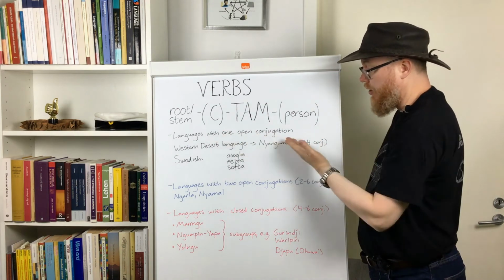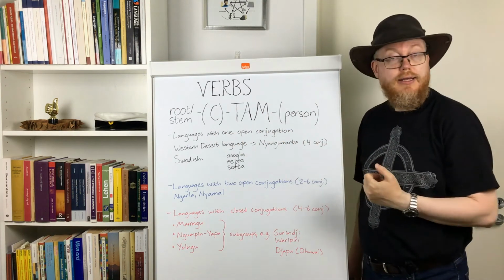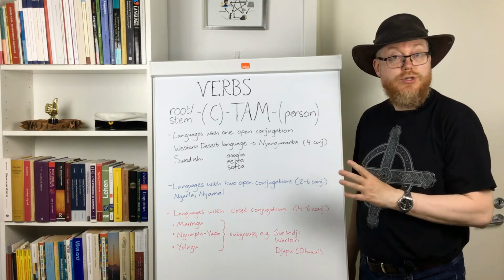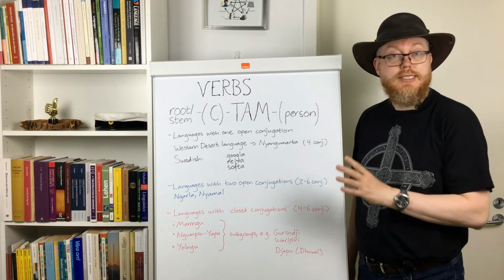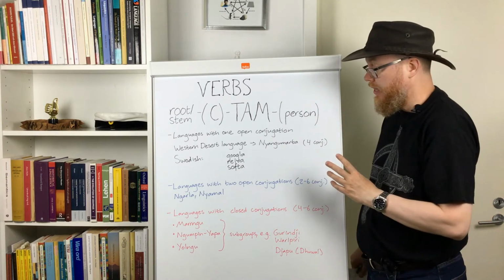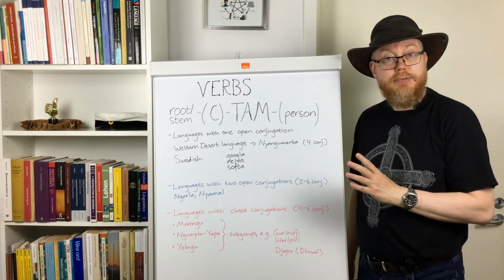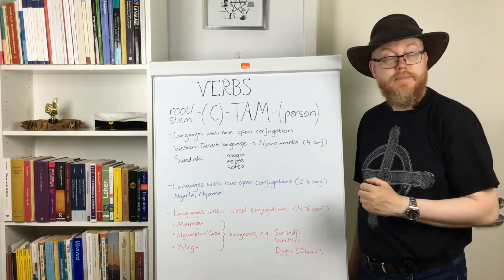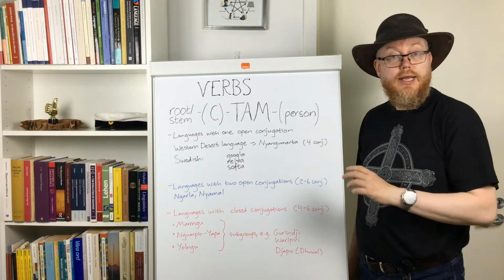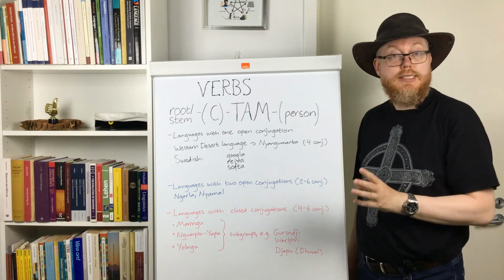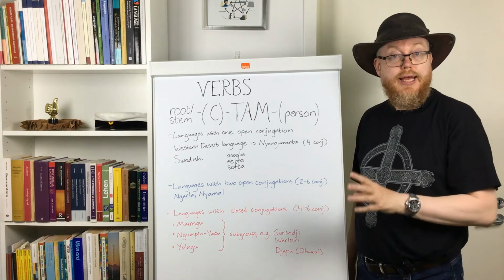First, we have languages with one open conjugation, which is not to say that the languages have only one conjugation. Here we exemplify with the Western Desert language, spoken in a huge area in Australia's Western Desert, hence the name.